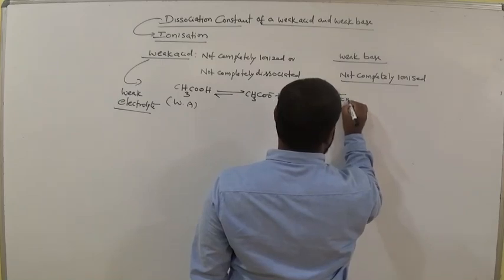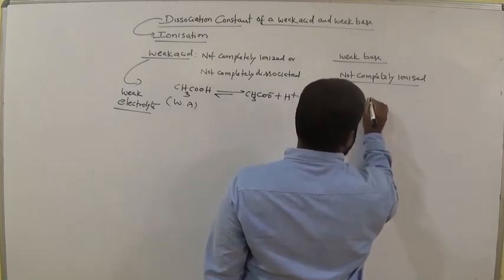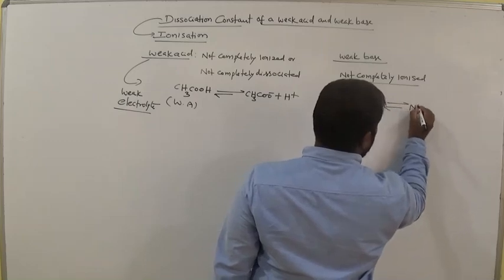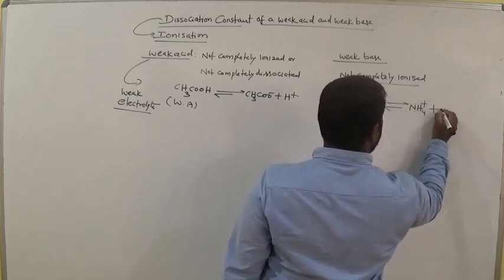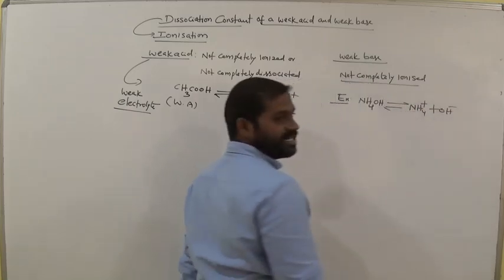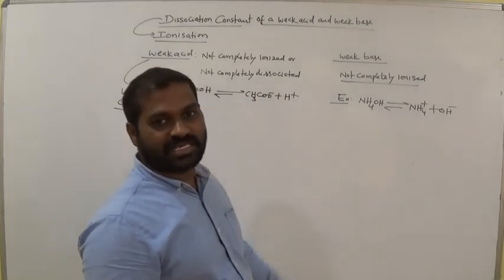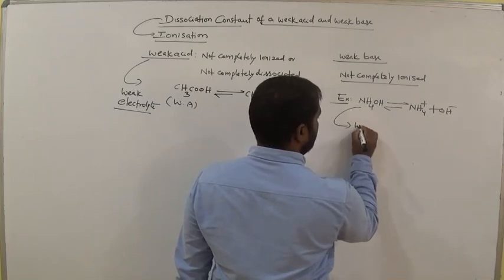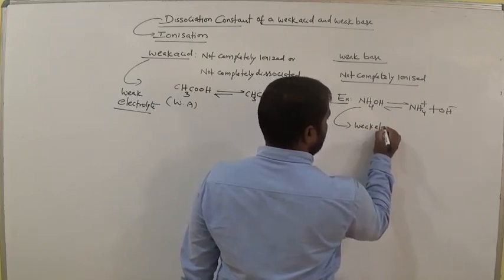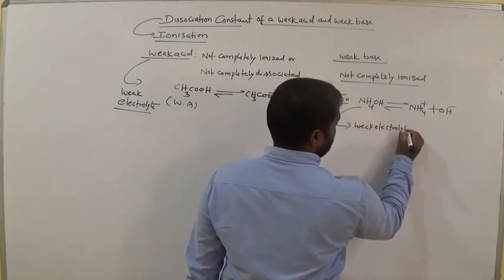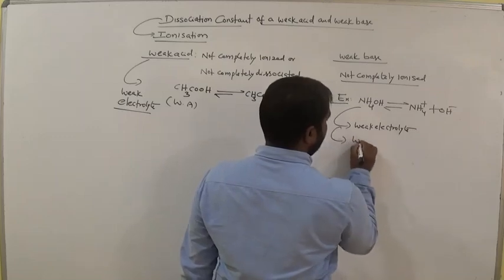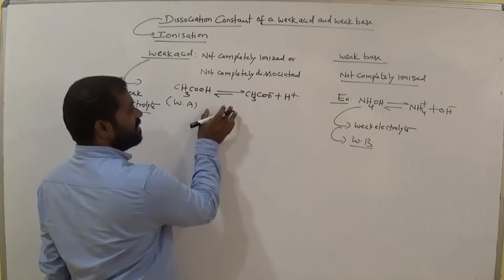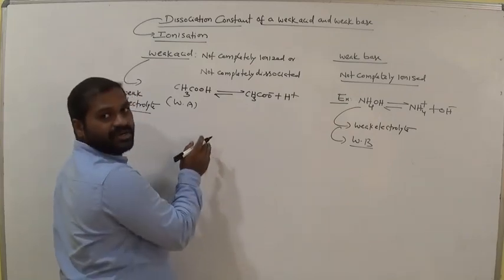Example: ammonium hydroxide, NH4OH, is reversible: NH4 plus and OH minus. It does not undergo 100% ionization, so it is called a weak electrolyte. We call it a weak base. It has an equilibrium constant.